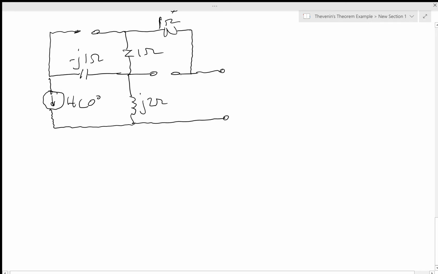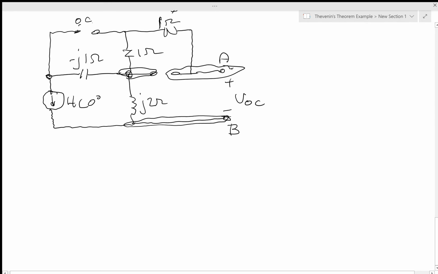So that's our circuit. This is a node, and again, A, B. I'm looking for VOC. And here's a node, and that's one big node right there. Not really a node because that's an open circuit right here.